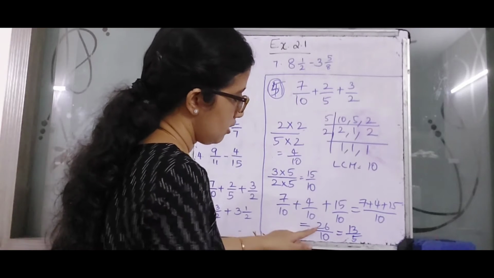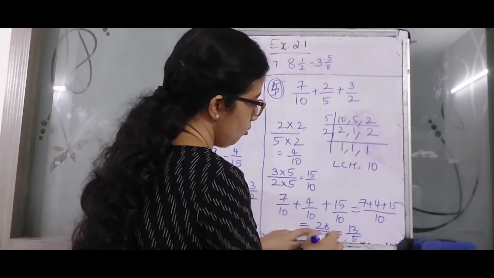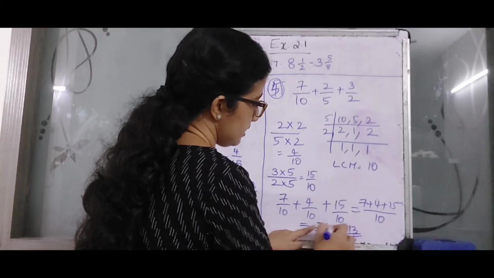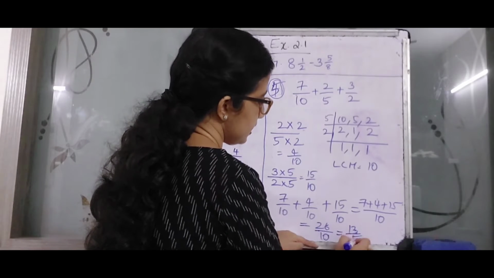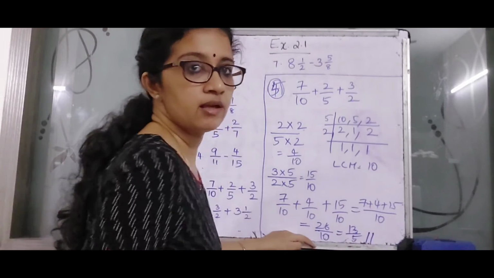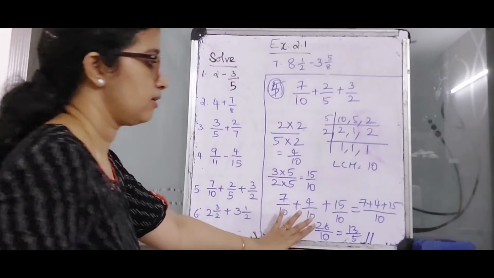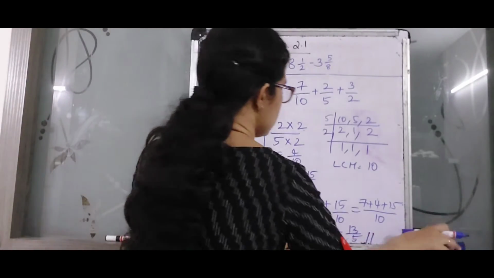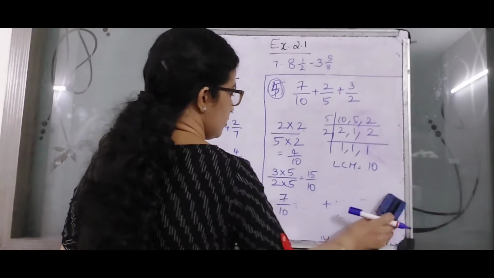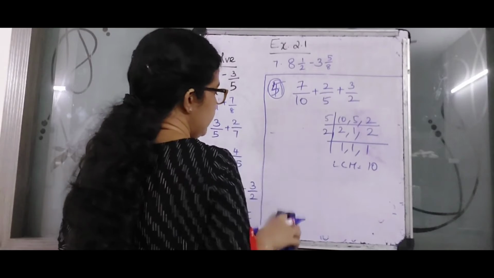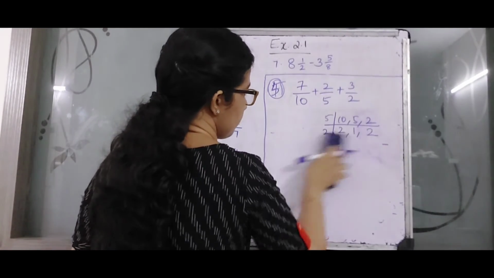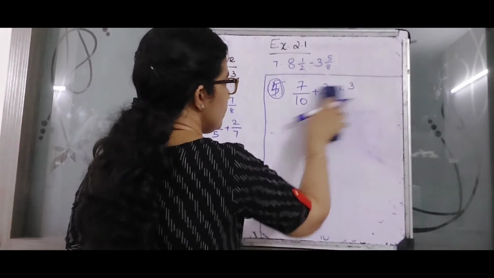So you can cancel these two. 2 13s are 26 and 2 5s are 10. So this can be simplified as 13 by 5. Are you clear with this? Okay. So procedure is the same for everything. You just have to be a bit careful while solving. While taking the LCM and while substituting, you have to be a bit careful.